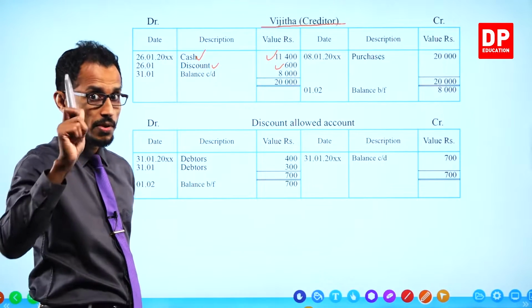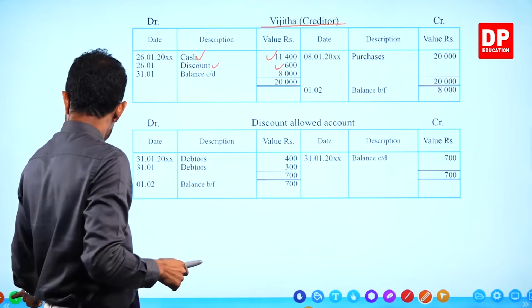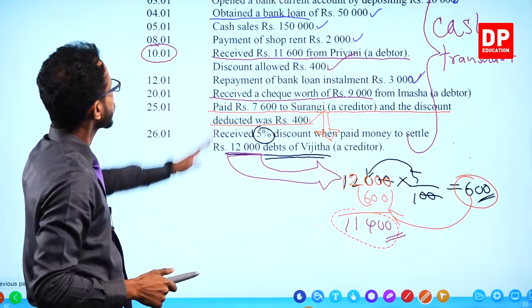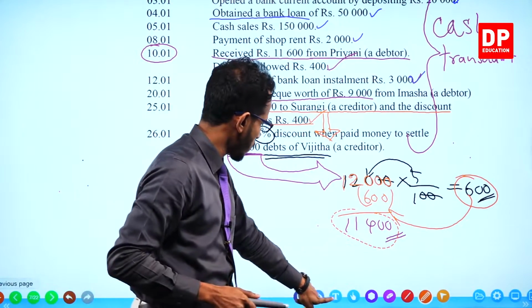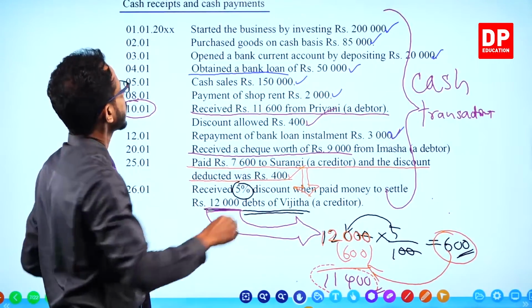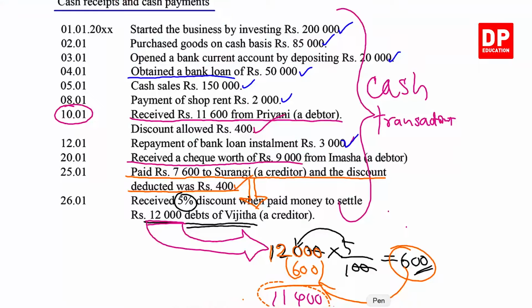Both should be recorded, remember. That's it. We are done with the cash transactions. All the cash transactions recorded. Okay. So we are going to tick it, saying that it's done.